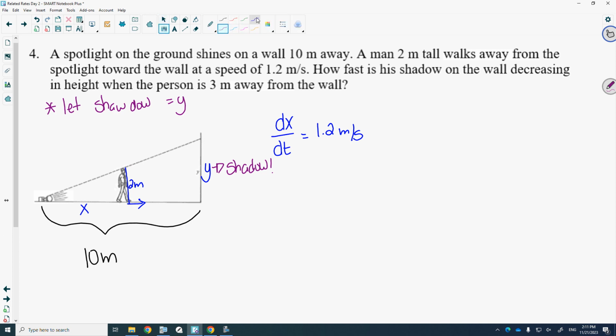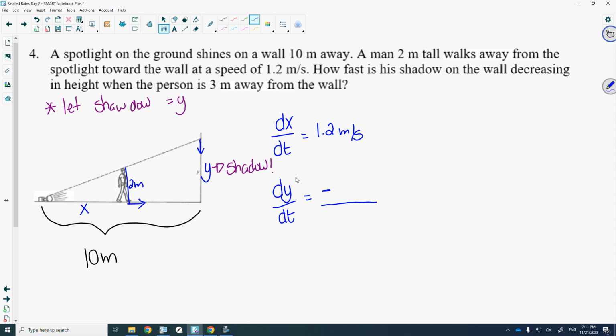So the rate that y is changing should be a negative value. So how fast is the shadow on the wall decreasing? It actually tells us. So dy/dt is equal to, they want us to figure out that rate. It's negative when the person is 3 meters away from the wall.